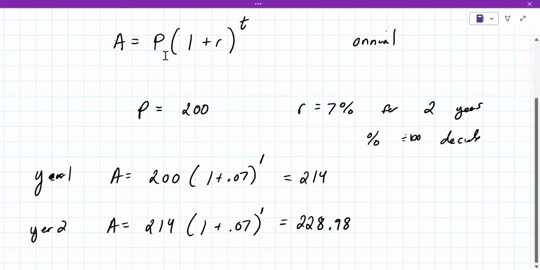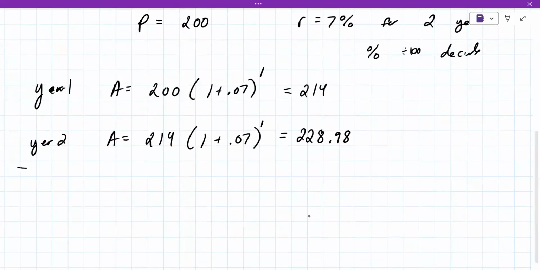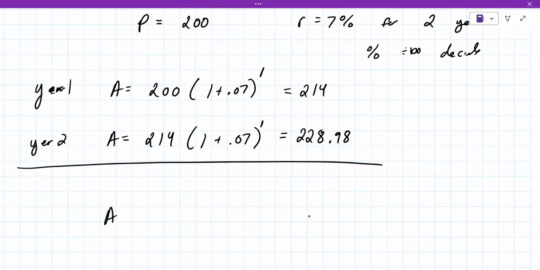Now, the power of this formula is that you don't have to do it this way, which is what you described to me. Because we actually don't really care how much money you have at the end of year one. We only care at the end of year two. So you can do it all in one step. You can say, okay, 200 times 1 plus 0.07 to the power of 2.